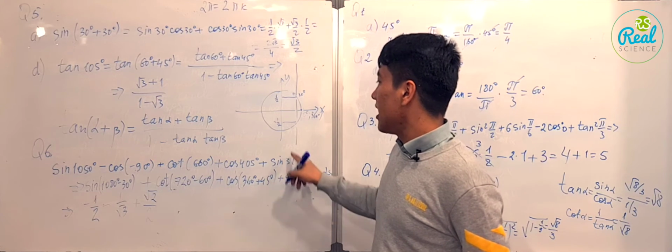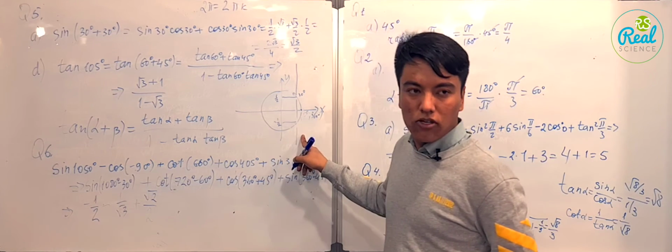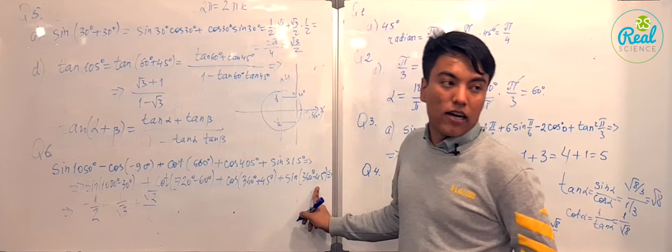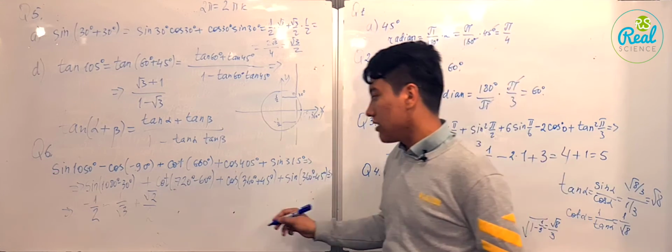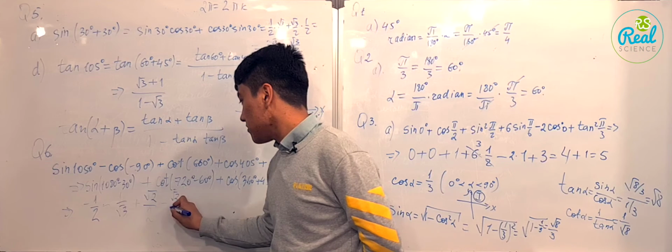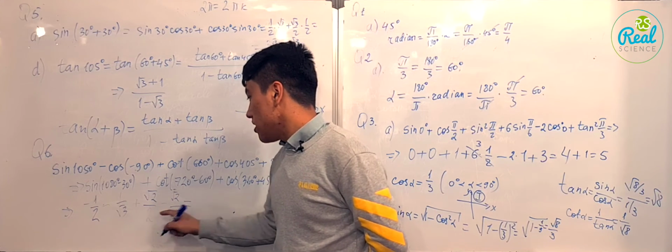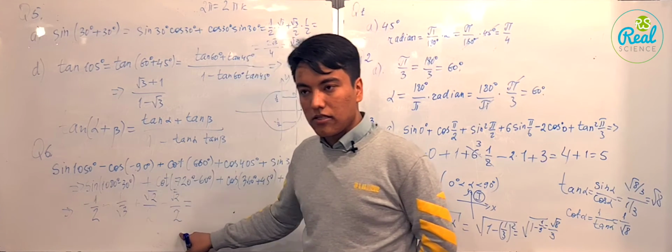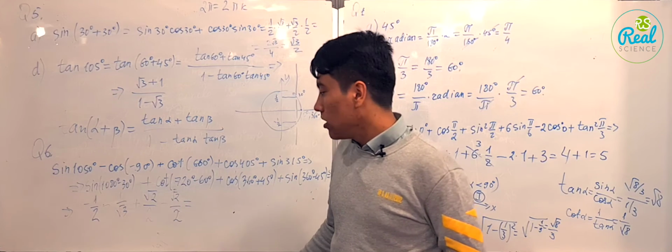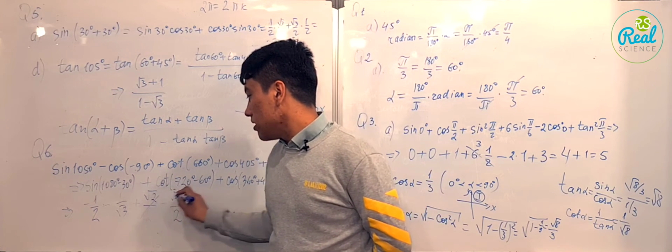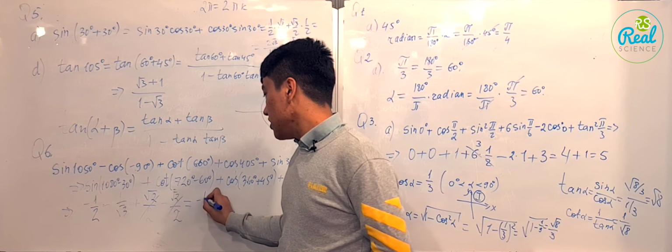We are finding for sine. Sine in the first plane is negative. Minus 45, negative square root of 2 over 2. We can just eliminate them. They are opposite numbers. The sum of opposite numbers is 0. And that's why they're 0, and only this part is left.